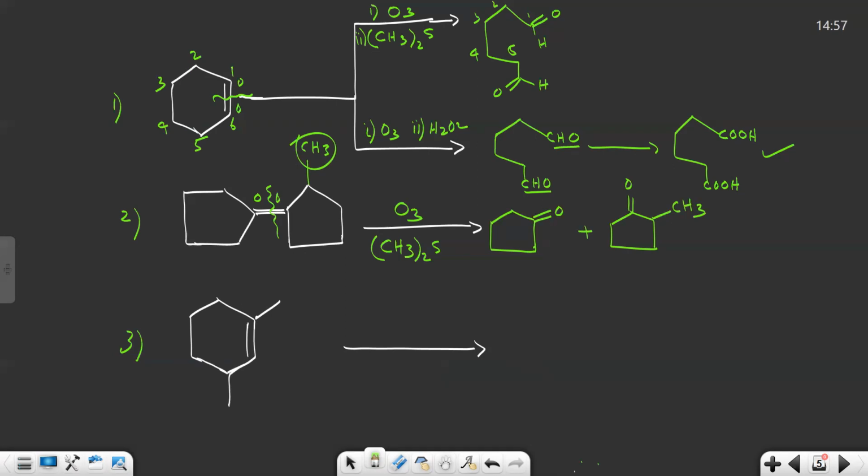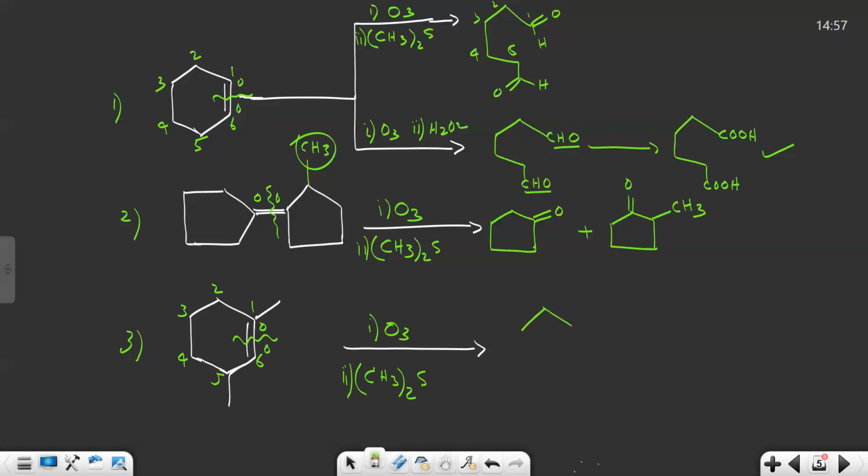Now come to the third compound. Here you can use ozone and then CH3 twice S, that is dimethyl sulfide. In all the cases, first ozone and then this second reagent. Now this bond cleavage takes place. Before that we can number it: 1, 2, 3, 4, this is the fifth carbon and sixth carbon. So double bond O's come on the first carbon and the sixth carbon.